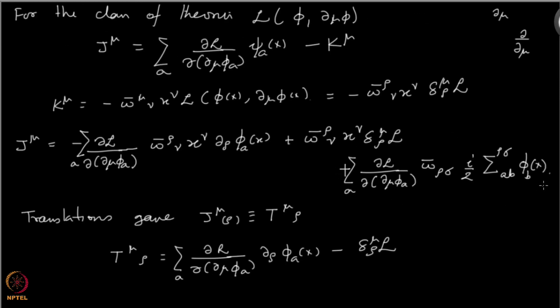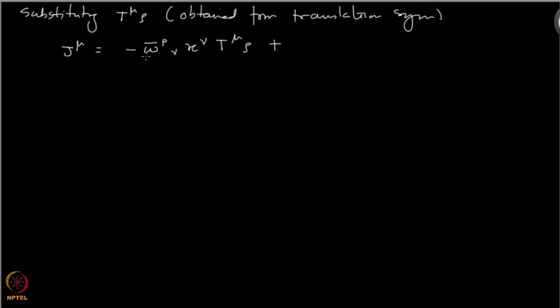Remember, this one comes because of your fields transforming under representations different from scalar representation. If it was just scalar representation, this term would be 0 and you get only this piece. But because we are looking at general representations, we get this term as well.